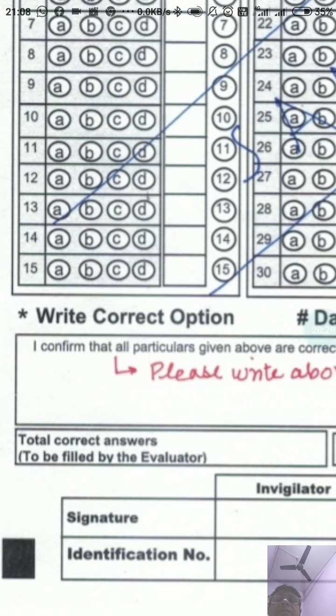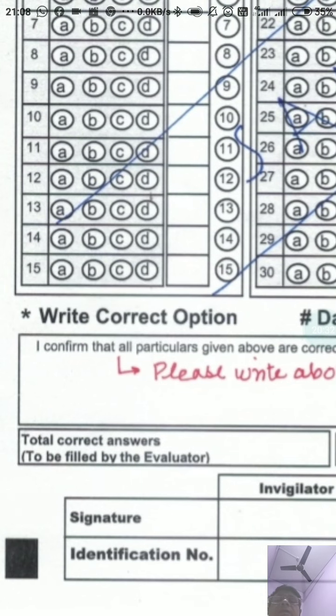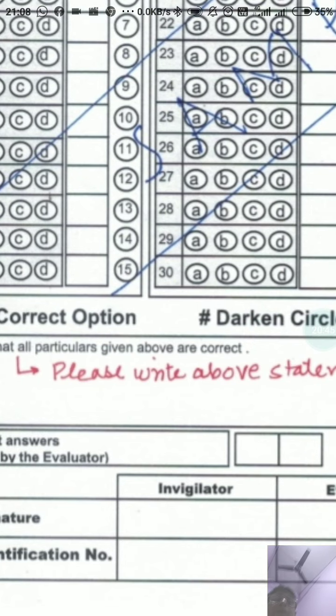Now after that we see a big rectangle box where it is instructed to write in your own handwriting, I confirm that all particulars given above are correct. So here we have to write it. What we have to write?